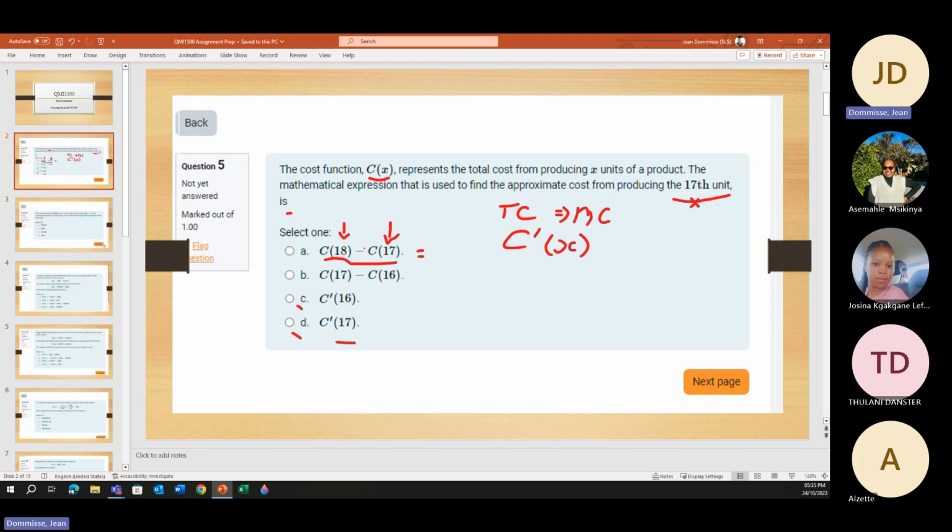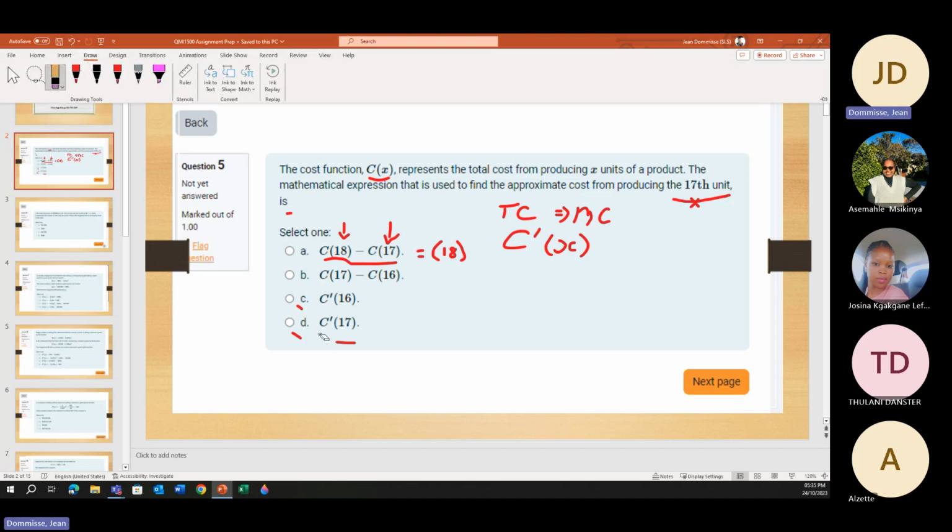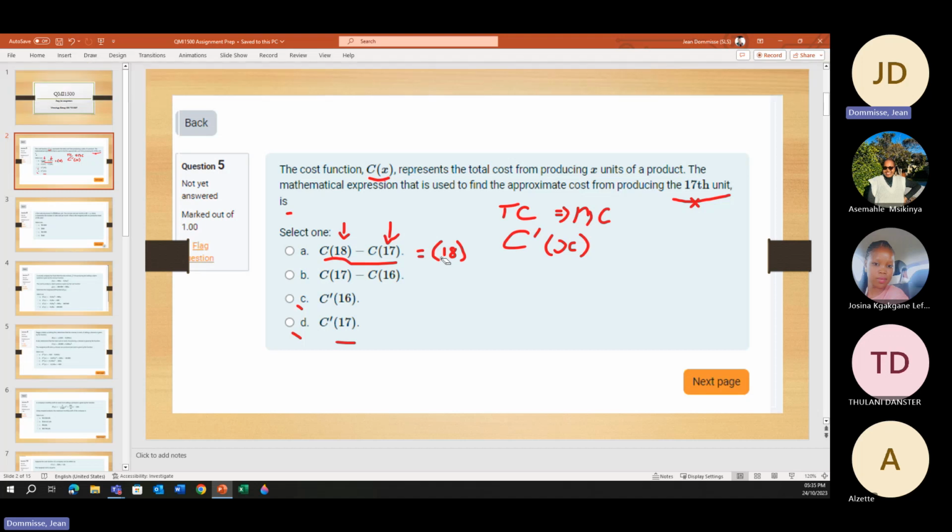So if you work that out, you will basically get just the added cost of adding the 18th unit.